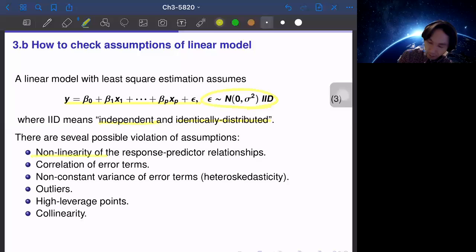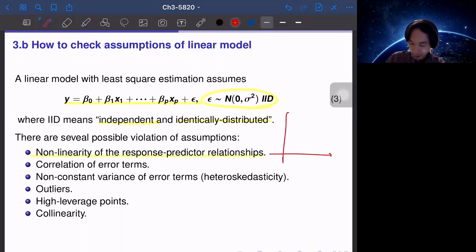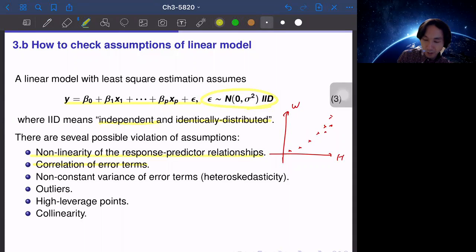So one is the nonlinear relationship between predictor and response. Think about maybe the height and weight of some animal. Probably the relationship is like this, so it's not linear. And second, the correlation of error terms, especially when some observations are not independent, then errors are correlated.